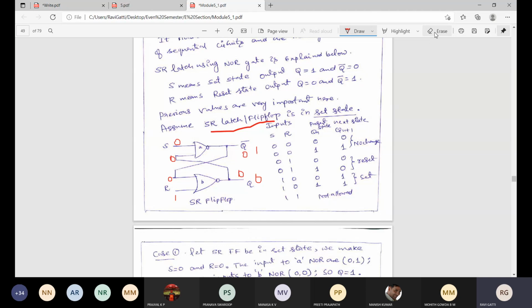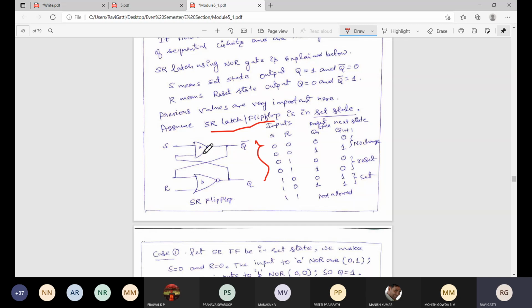In the SR latch we have two outputs, one we call Q and one we call Q bar. Q and Q bar are complements of each other. If Q is equal to 1, then Q bar has to be 0. If Q is equal to 0, then Q bar has to be 1. This is how we create a sequential circuit. With this mindset, let us understand the behavior of the SR latch.